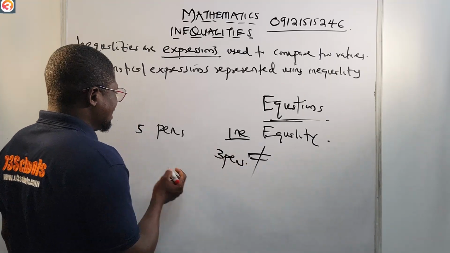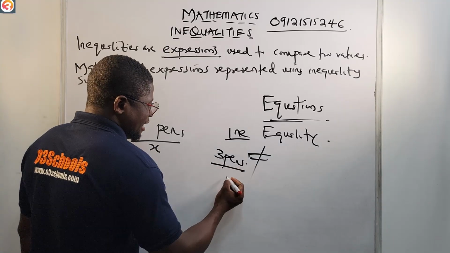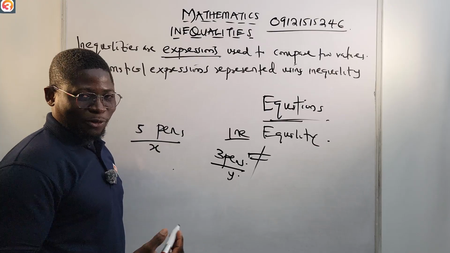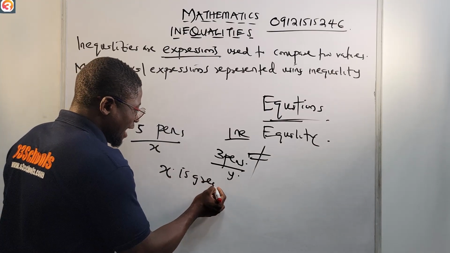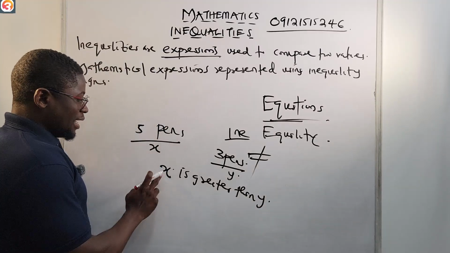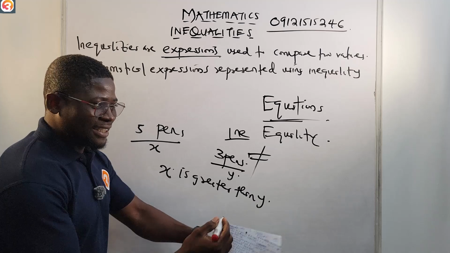Let's say you are Mr. X and he is Mr. Y. You can say you have more pens than Mr. Y. You can say X's pens are greater than Y's pens.